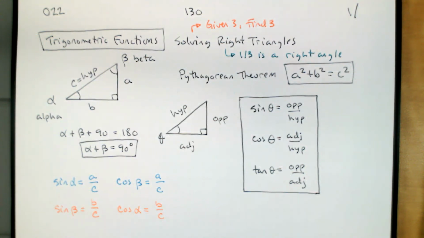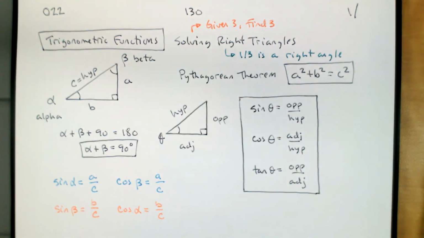This actually produces a useful result that showed up in some of the homework that you might remember. Alpha and beta are complementary. They add up to 90. Notice that when we take the cofunction of the complementary angle, it's equal to what we started with.